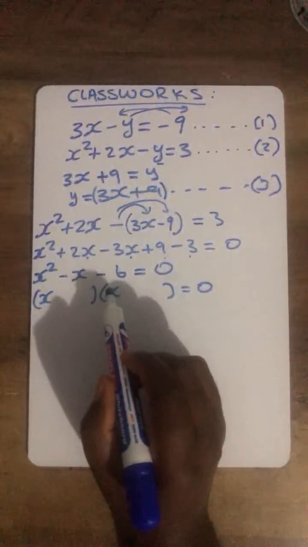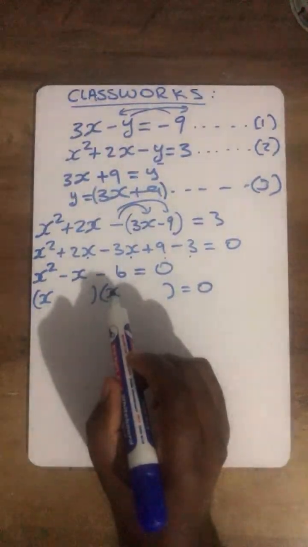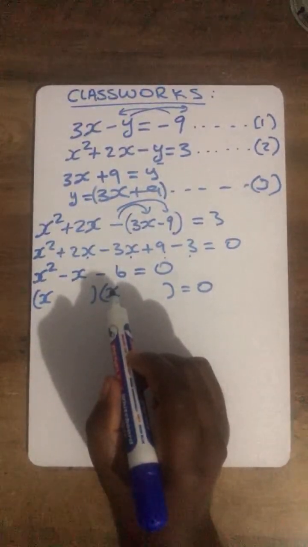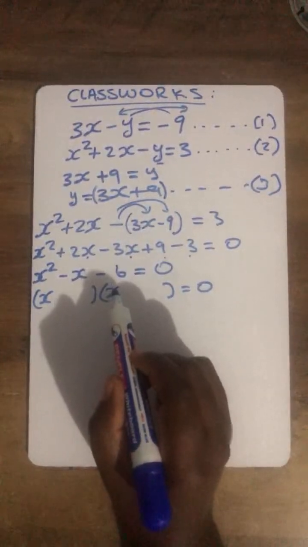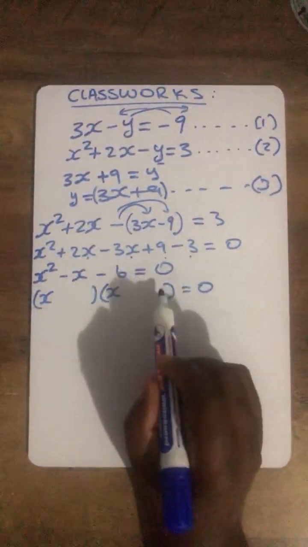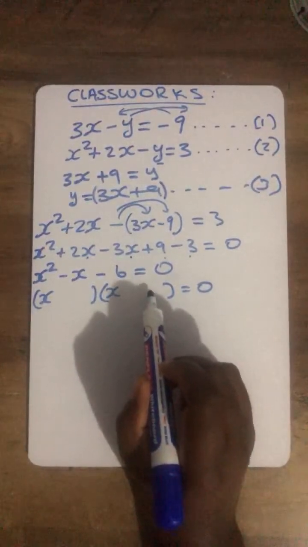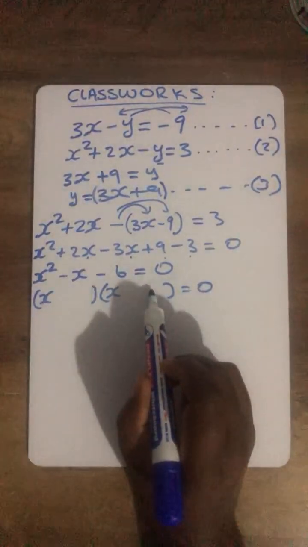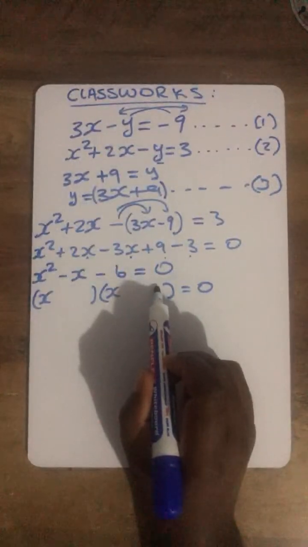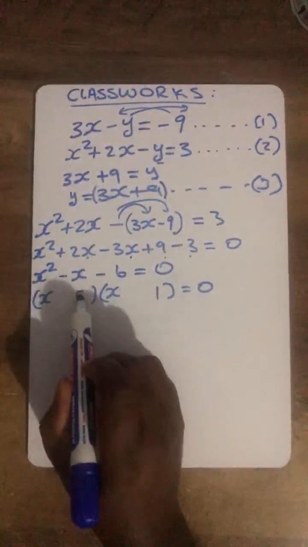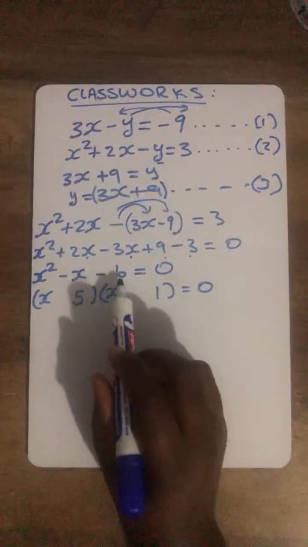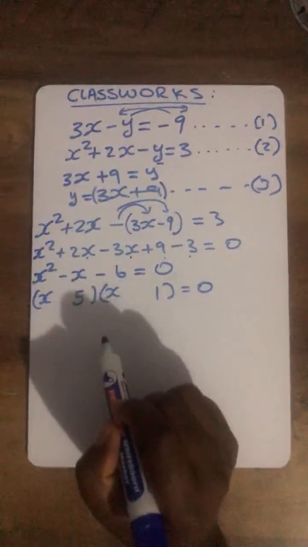You will forever factorize, honorable members. So now let's see. That means you can say 5 and 1 will give you, not 5 and 1, man.